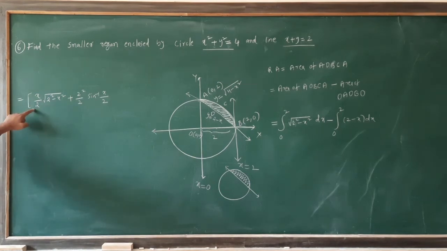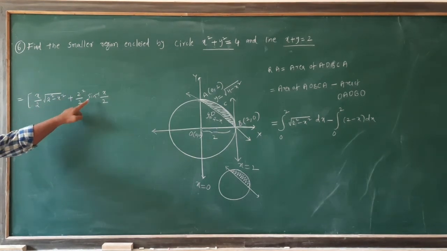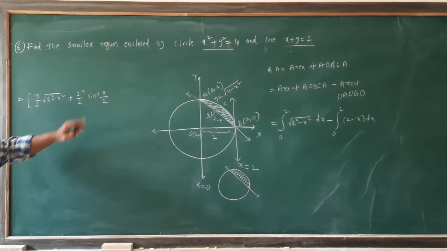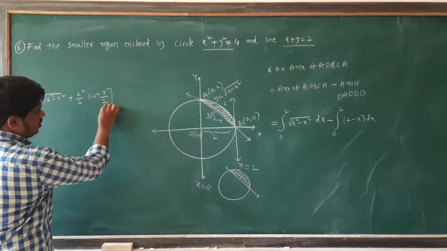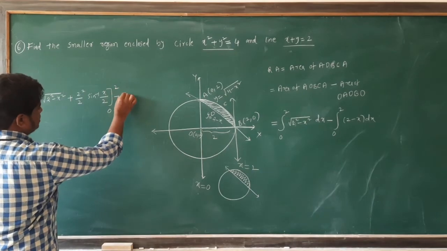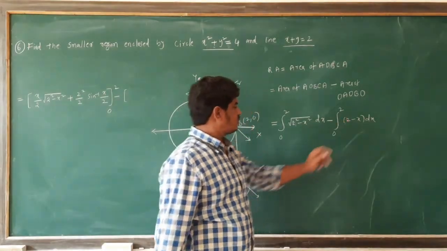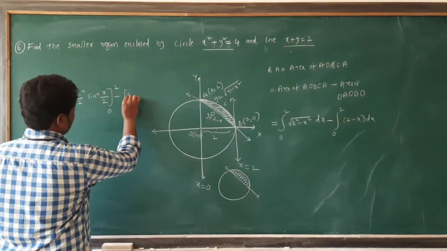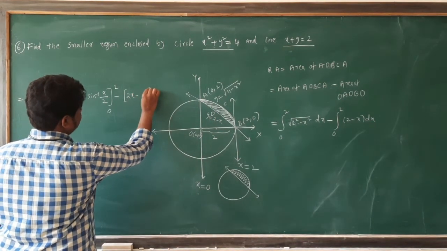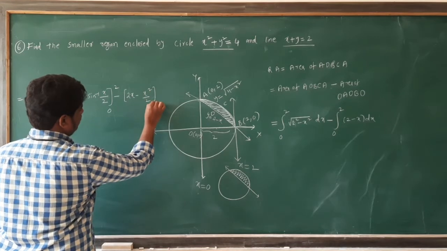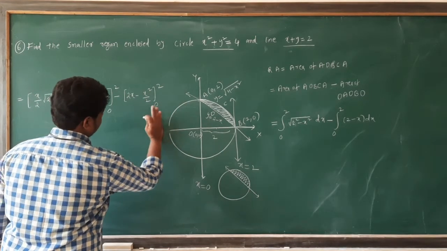Okay. With limits 0 to 2. Second one, what? The integral of 2 is 2x minus the integral of x is x square by 2, with limits 0 and 2.